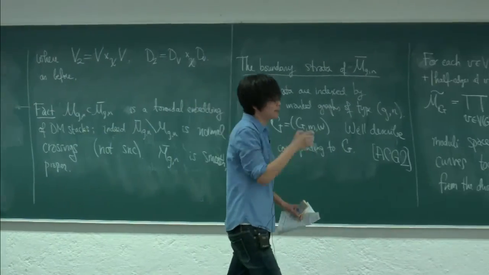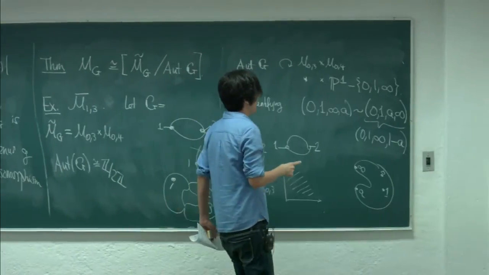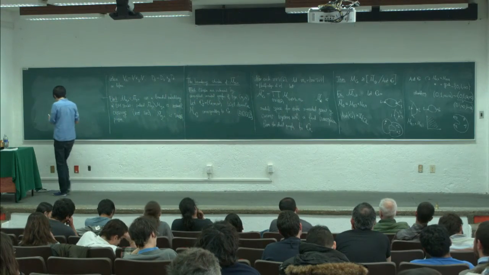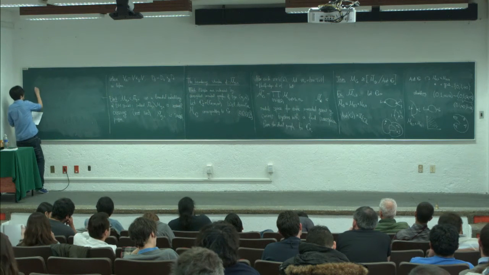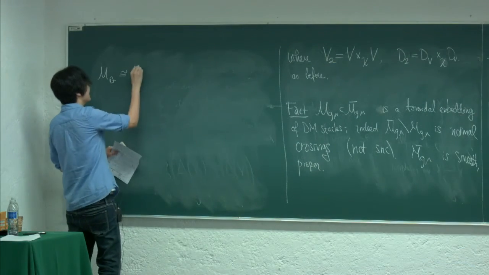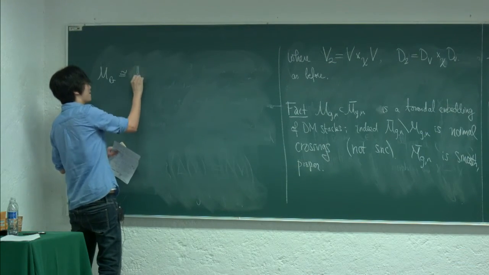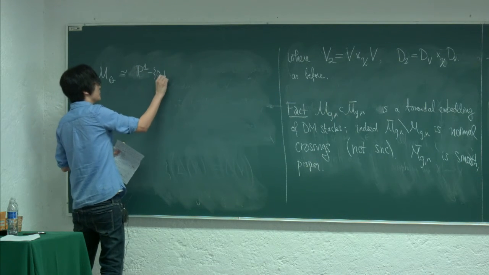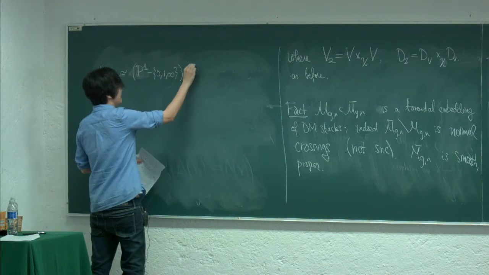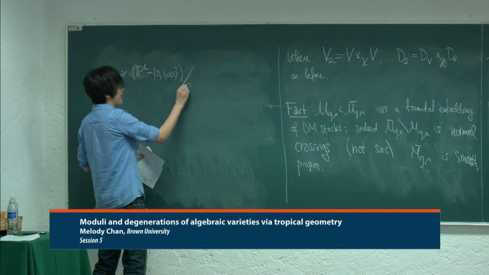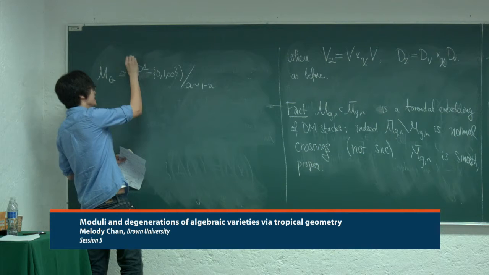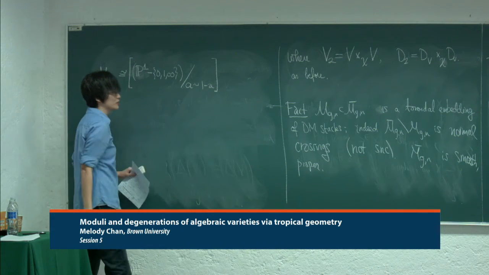Okay, so where was I? Okay, so what is this stratum ultimately? So my stratum, M_G, is canonically isomorphic to, again, a P1 minus 3 points, quotienting by the relation that sends a coordinate A on this variety to 1 minus A. And again, it's not the scheme quotient, but the stack quotient.